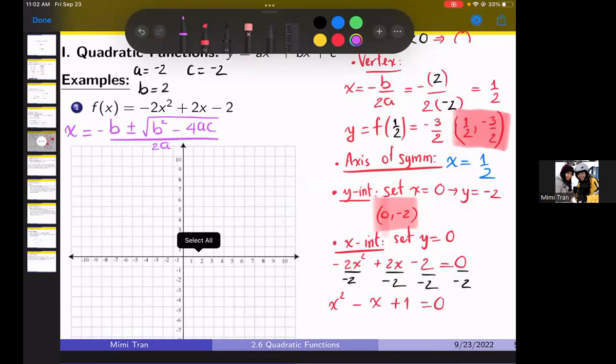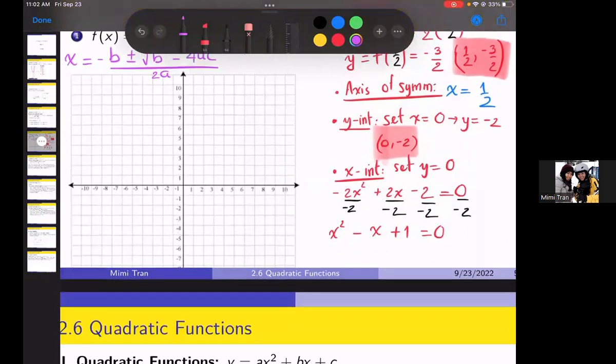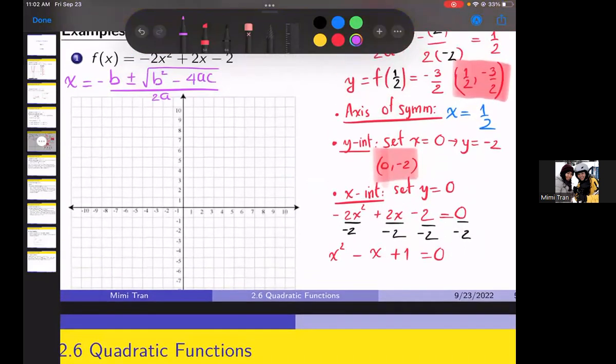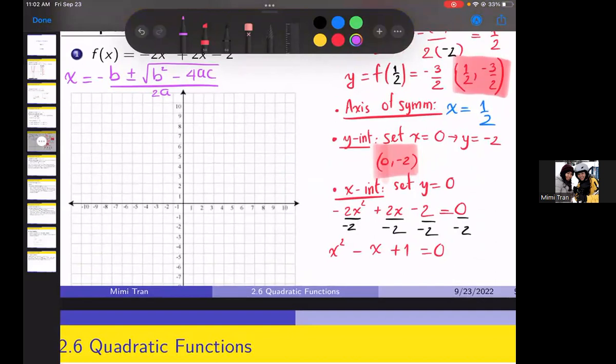Yeah, I think they have songs about this too, especially for high school students. They are all kind of like acronyms. If you look on YouTube, they have songs about the quadratic formula. I don't know any songs, so I'm not singing it for you, but you can always look it up.